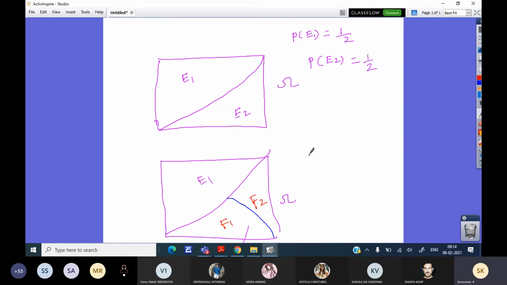Now the probability associated with all events I'm going to write. E1 is 1 by 2. When you add F1 with F2, you are going to get E2. So the probability associated with E2 is 1 by 2. I am dividing this event into two sub-events F1 and F2. I am going to take P of F1 as 1 by 4 and P of F2 as 1 by 4. So by adding these two probabilities, I am getting the probability associated with E2, right?